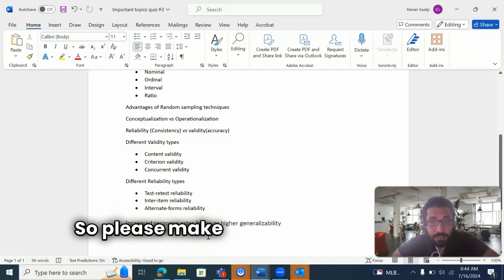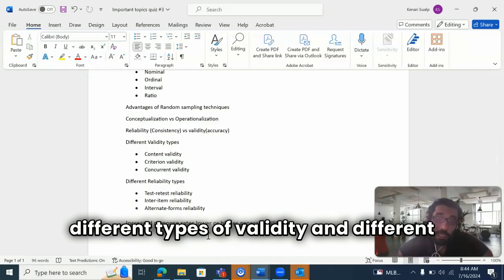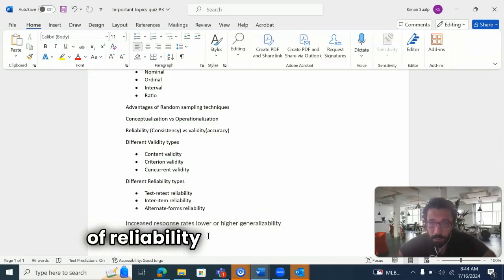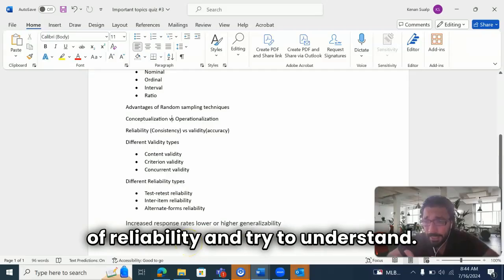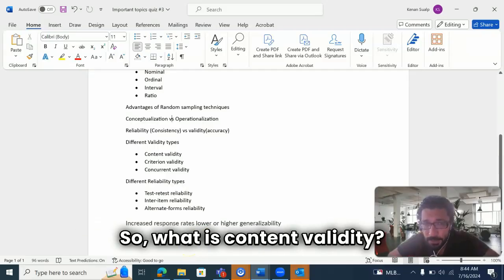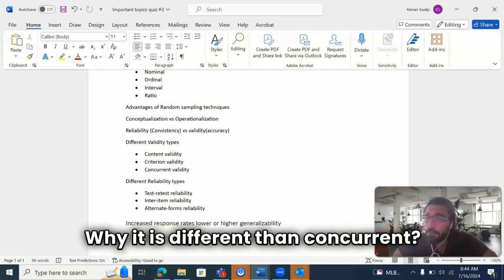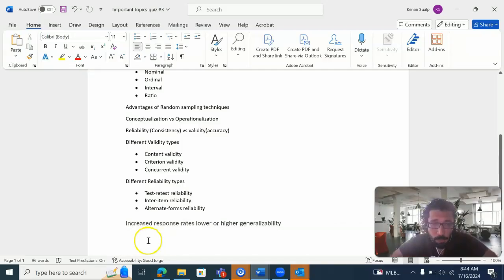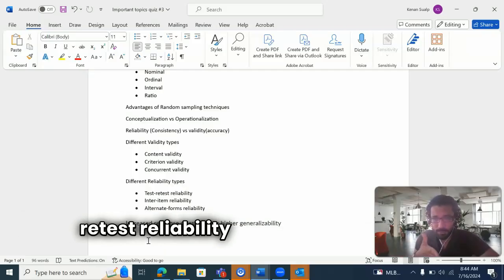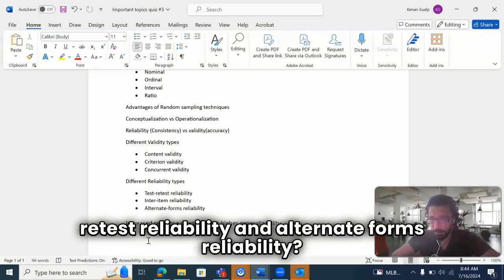So please make some readings about these different types of validity and different types of reliability, and try to understand. So what is content validity? Why is it different than concurrent validity? What's test-retest reliability? What is the difference between test-retest reliability and alternate forms reliability?